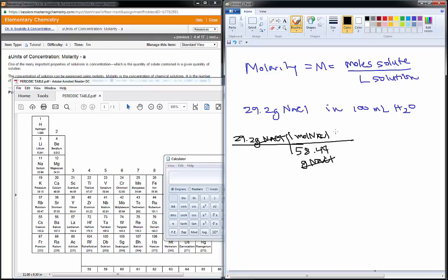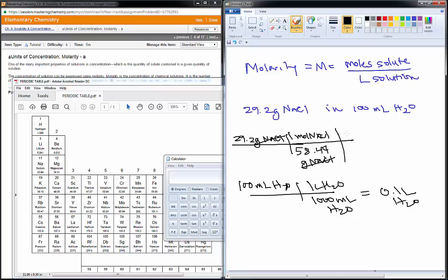So that gives me moles. Now I can say 100 milliliters of water in 1,000 milliliters, or in every 1 liter of water. That's going to give me 0.1 liters water.